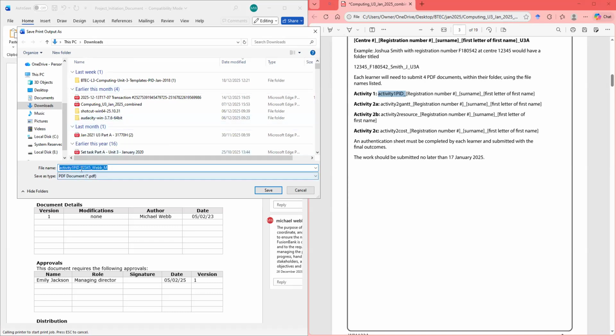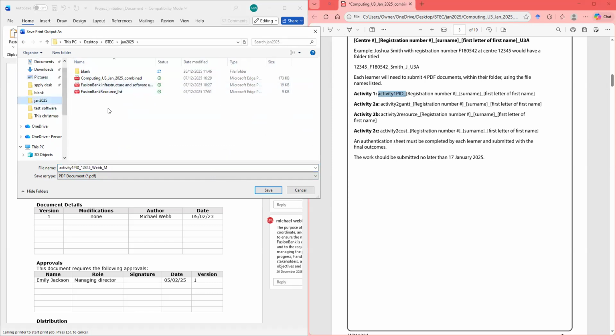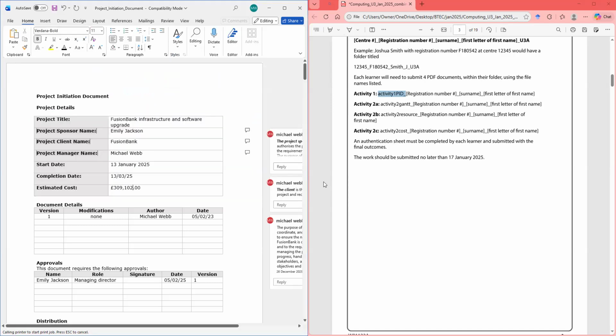And I'm going to keep that. I'm going to save it not in my downloads, but wherever they tell you you need to save it. I'm going to do it in my 2025 folder, and I'm going to save it right there. That's the first thing you're going to do.